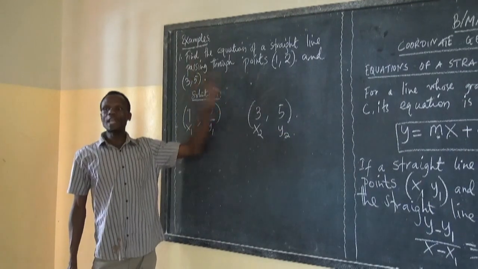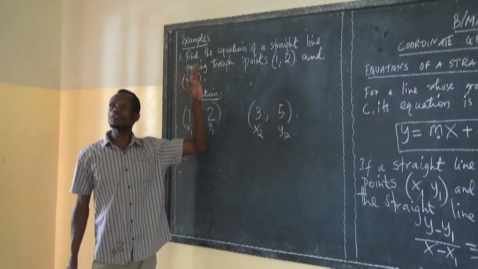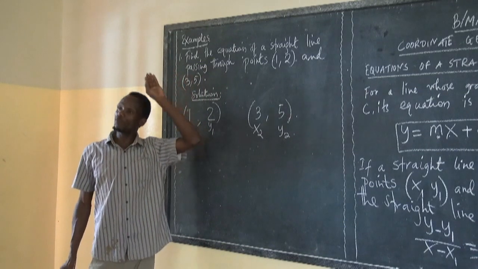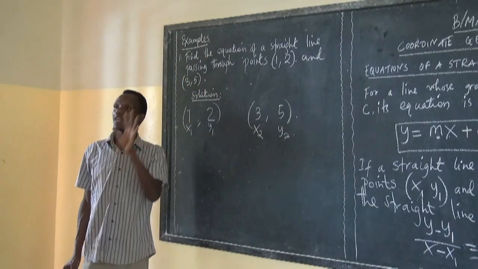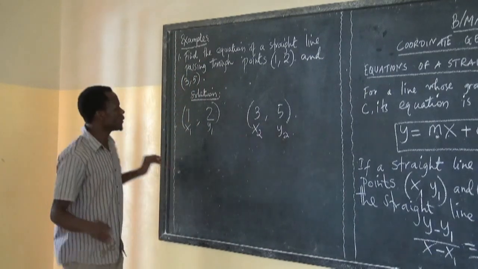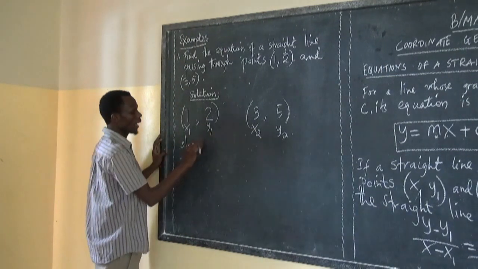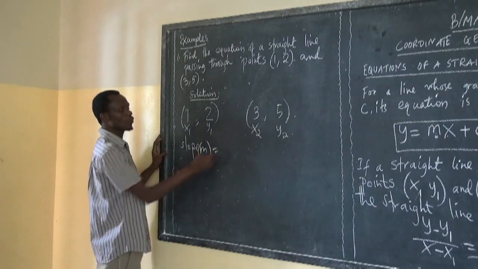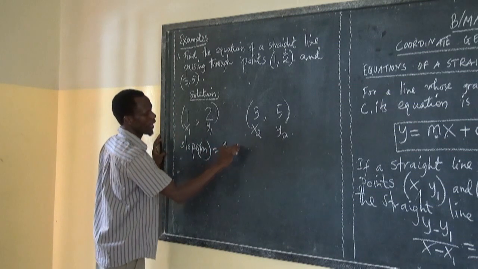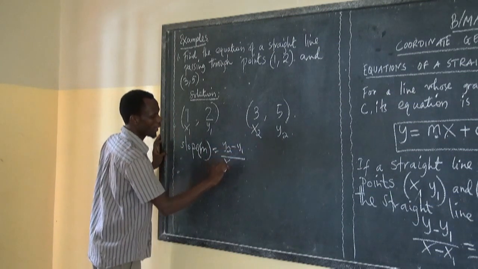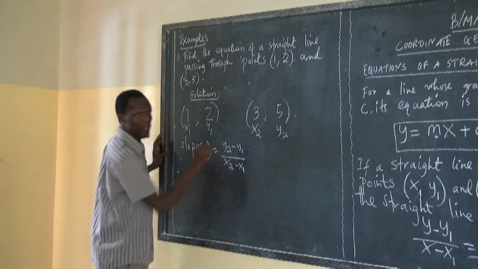So you won't have an equation if you have not got the slope. You must first find the slope of the straight line. Now remember, the slope, that is m, is equal to (y2 minus y1) over (x2 minus x1).